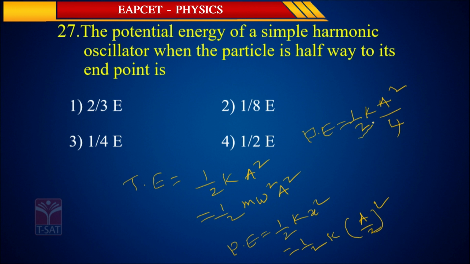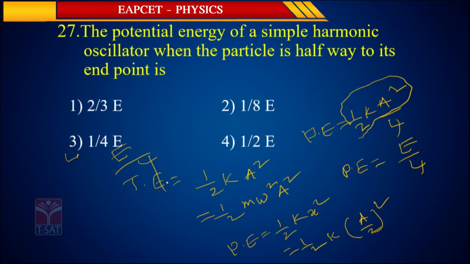Suppose total energy is called E. Therefore, potential energy is equal to E by 4. You see the third option, E by 4. Okay, children, this is the most important.